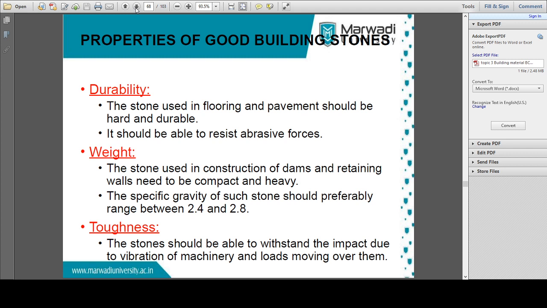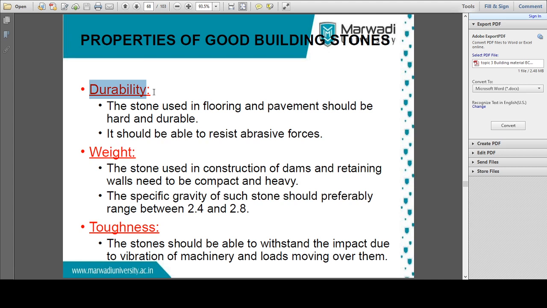Under the property of stone, or in the property of different construction materials, durability is one of the things which are available, right? So it will be very easy for you to remember. So over here again we will learn durability. Durability means the property of resistance against the weathering action.